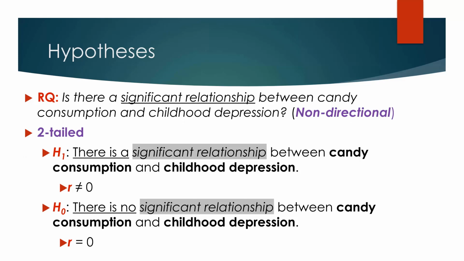The alternative says yes to the question: there is a significant relationship between your variables. Essentially, it's saying that the R score will not equal 0. 0 means no relationship, so the alternative says the R score will be something other than 0. The null says no to the alternative: there is no significant relationship between your variables. The null is essentially saying that the R score will equal 0.